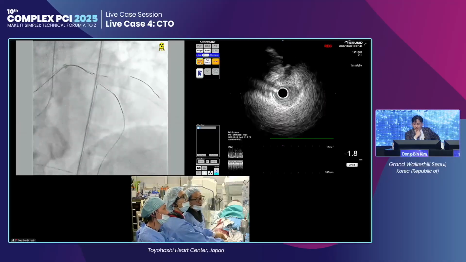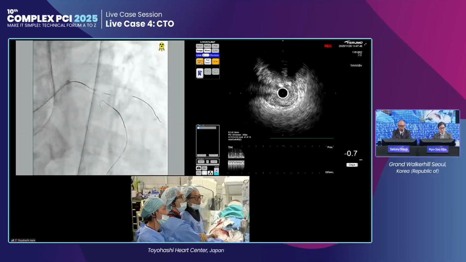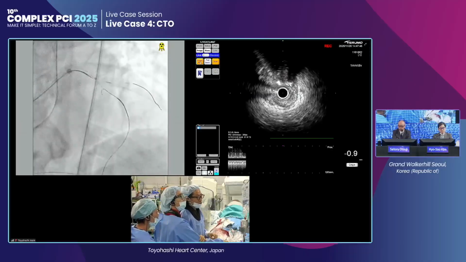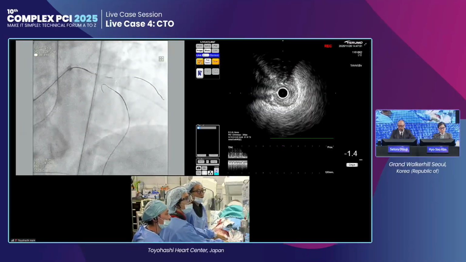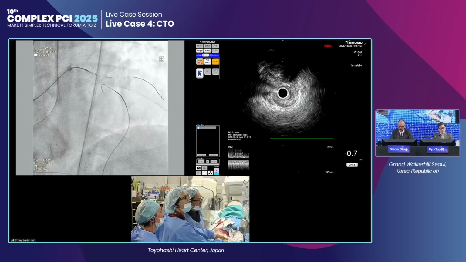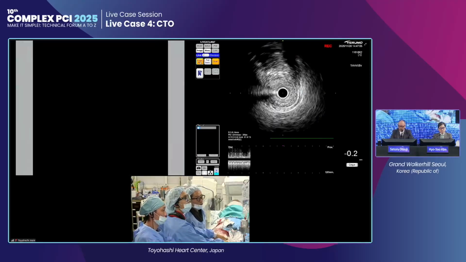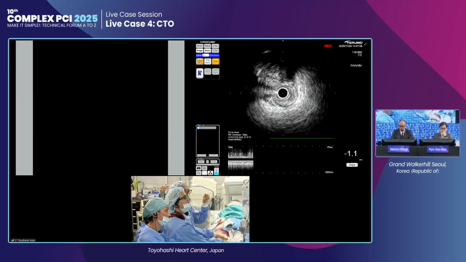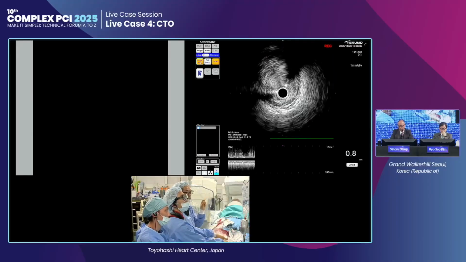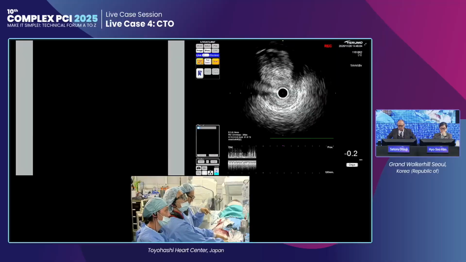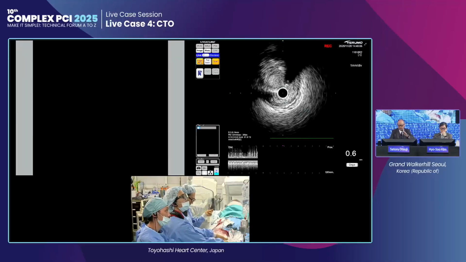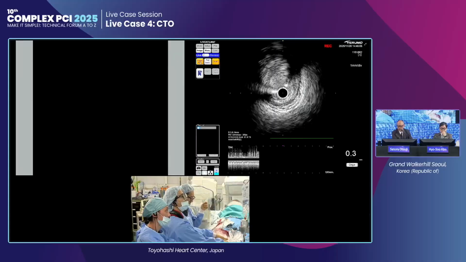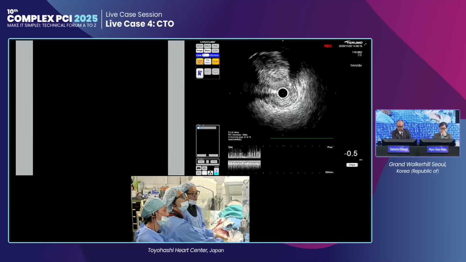So what guide wire do you use now? Now this is a Guidance Next to. Do you decide the guide wire by the IVUS finding? Yes, but this is a very, very short segment of the CTO. That's why if we puncture after that, advancing a microcatheter and changing the guide wire may be a little bit difficult.